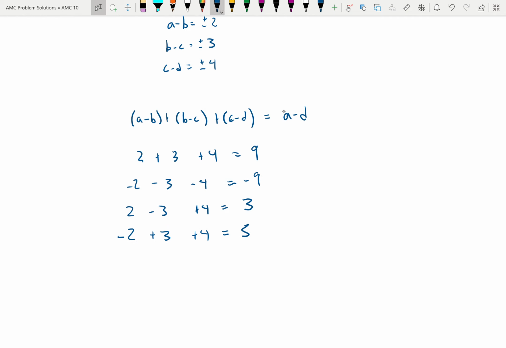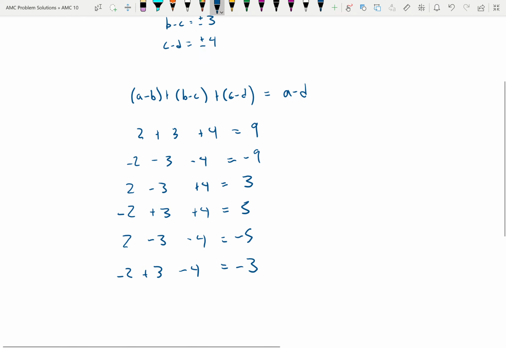We could have 2 minus 3 minus 4, which would give us negative 5. We could do negative 2 plus 3 minus 4, which would give us negative 3.